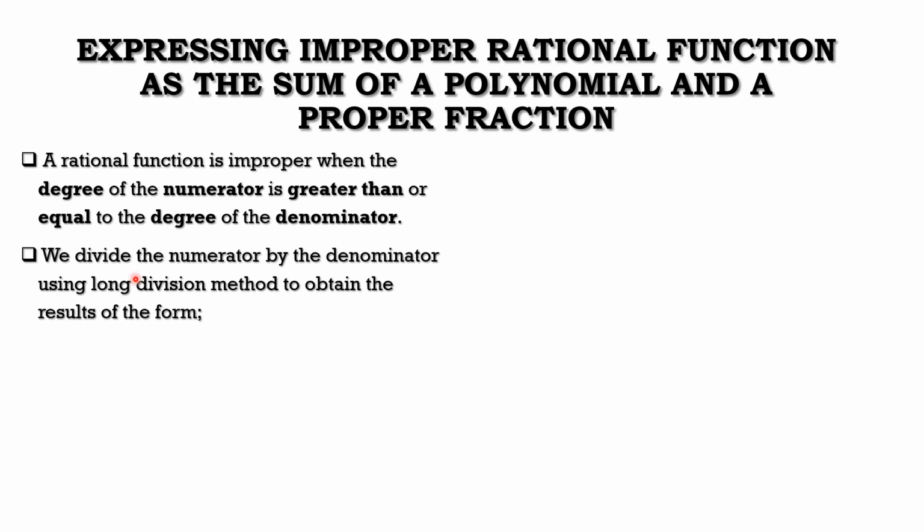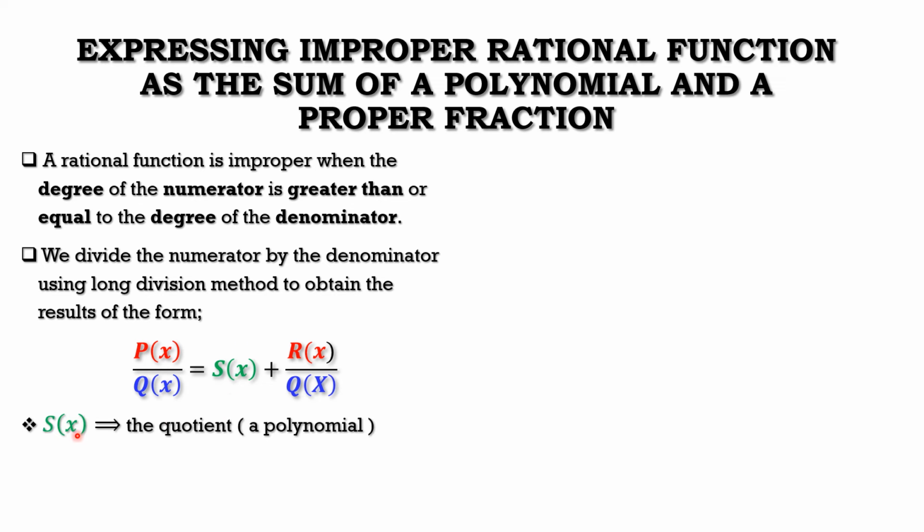So here, we divide the numerator by the denominator using the long division method to obtain results of the form: an improper rational function p of x divided by g of x equals s of x plus r of x divided by g of x. What does the s of x represent? We have s of x representing the quotient, that is the polynomial. And we have r of x over g of x being the proper rational function.